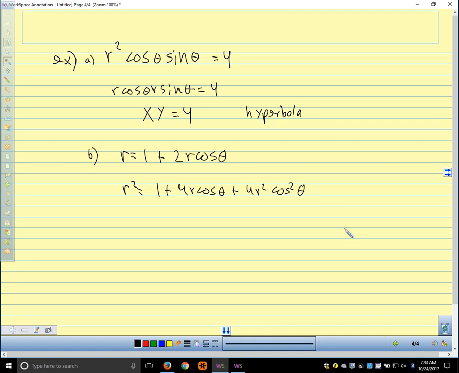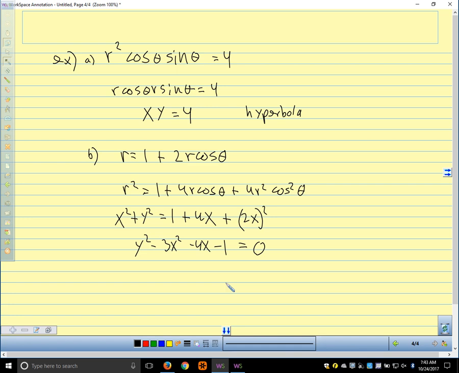Oh, that looks nice. r squared is x squared plus y squared. This is 1 plus 4x plus 4x squared. That's fine. And I could rewrite this as y squared minus 3x squared minus 4x minus 1 equals 0. Do we know what that is?